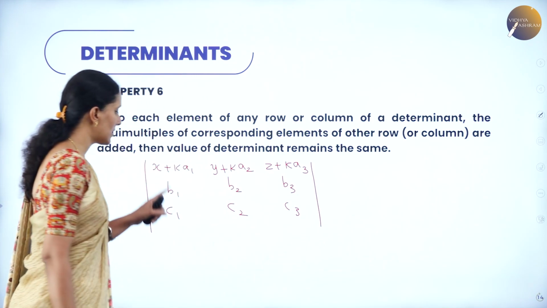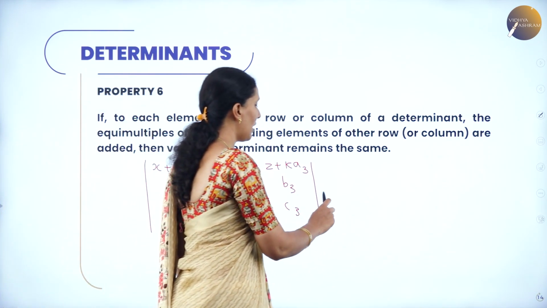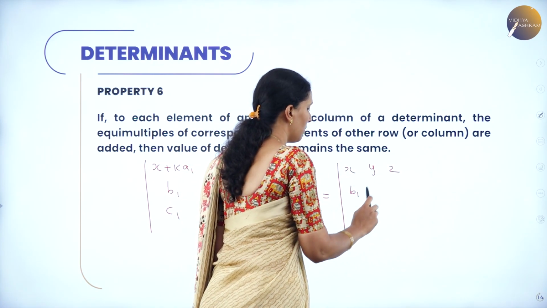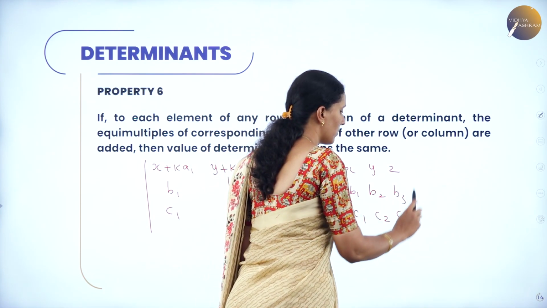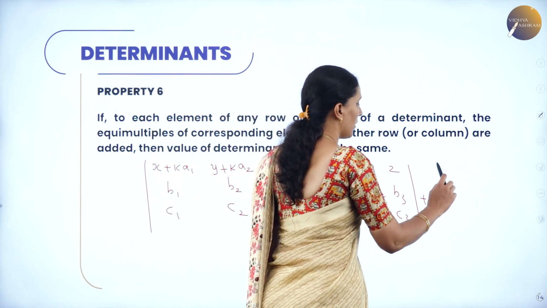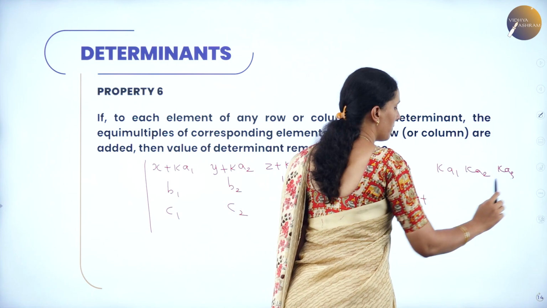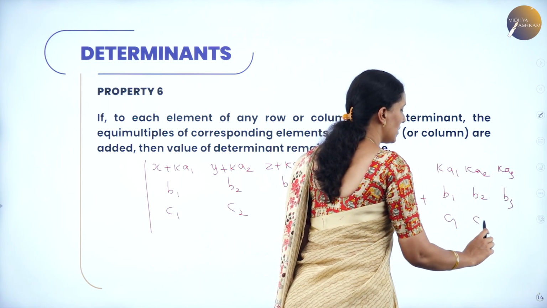How can I write this? Clearly we can separate these two. First we can write this as x, y, z, b1, b2, b3, c1, c2, c3, and next we can write this as ka1, ka2, ka3, b1, b2, b3, c1, c2, c3.